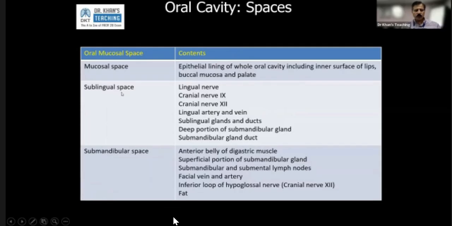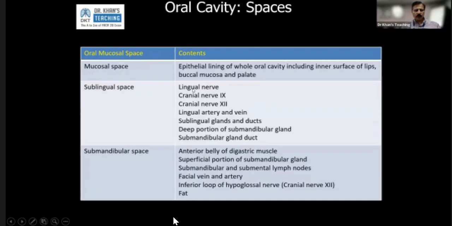Then the sublingual space, and then the submandibular space. The sublingual space is superior to the mylohyoid muscle. The submandibular space is inferior to the mylohyoid muscle.